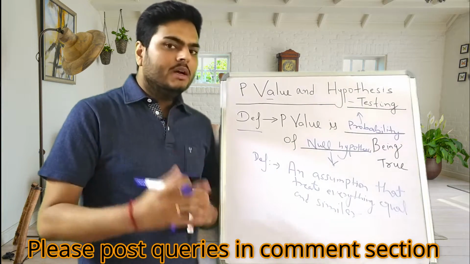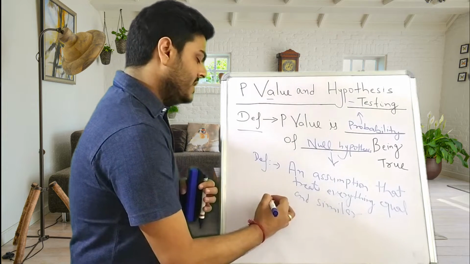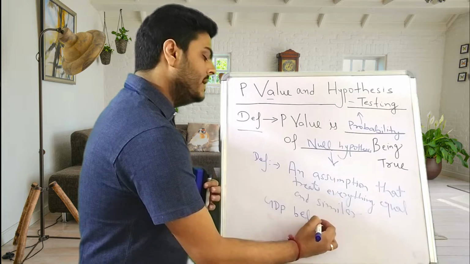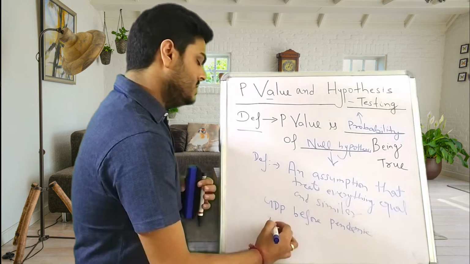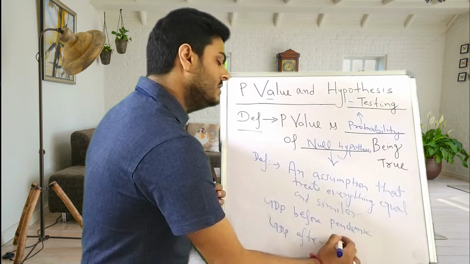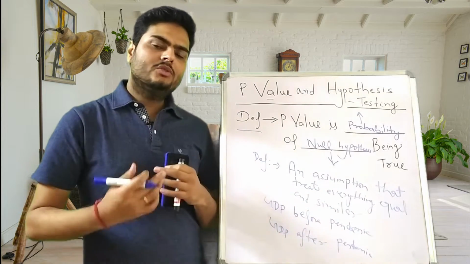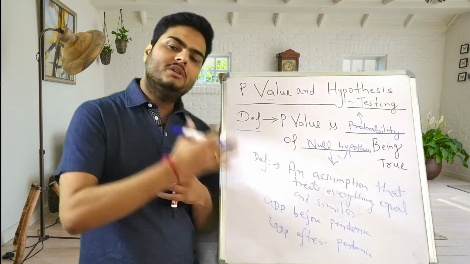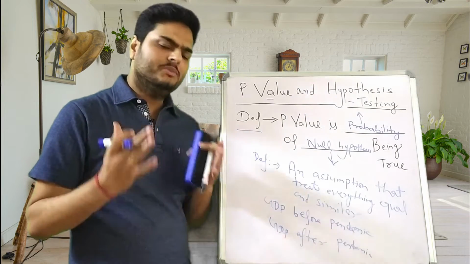In other words, a null hypothesis will be something like, I am writing a statement here: GDP before pandemic and GDP after pandemic are the same. I am talking about global GDP here. This is a statement which treats the before pandemic situation similar to the after pandemic situation. That is a default assumption.